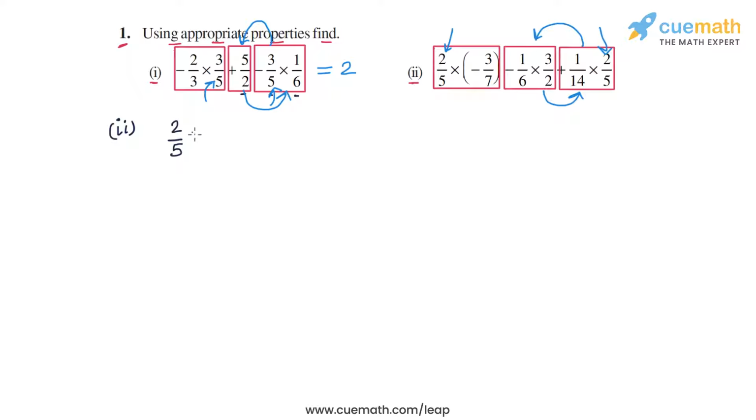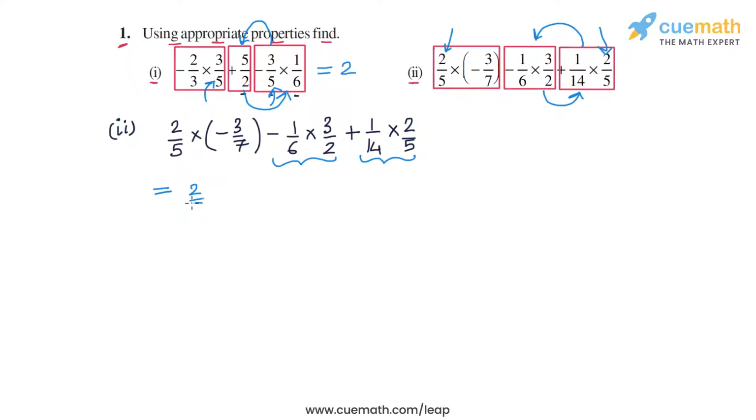So the original expression is 2 by 5 into minus 3 by 7, then minus 1 by 6 into 3 by 2, and then plus 1 by 14 into 2 by 5. We are going to take this third part and bring it to the second position, and we're going to take this second part and take it to the third position.